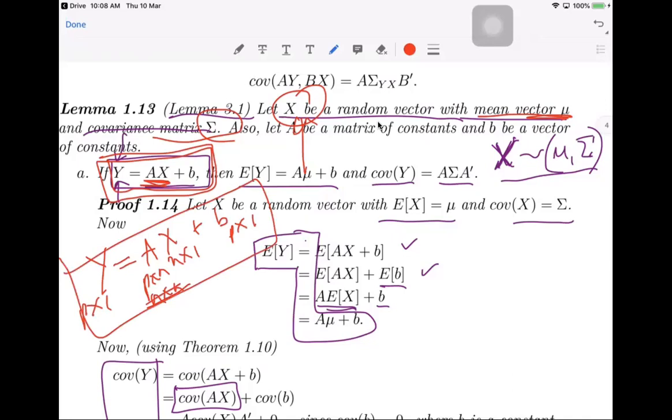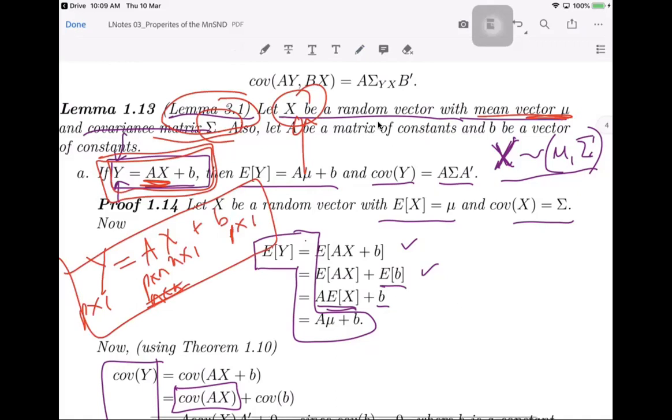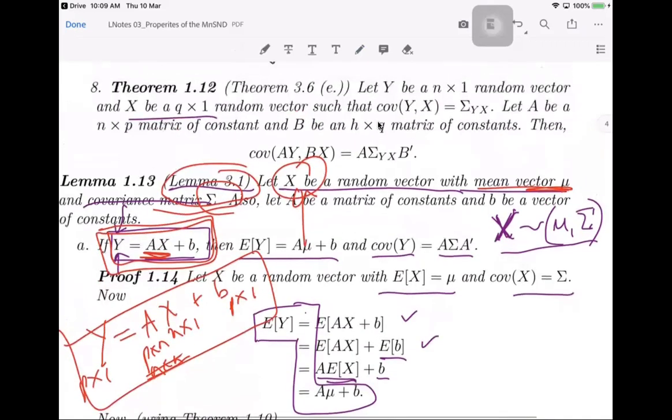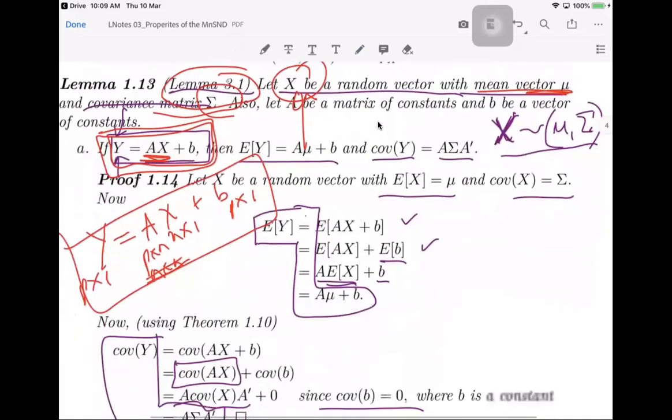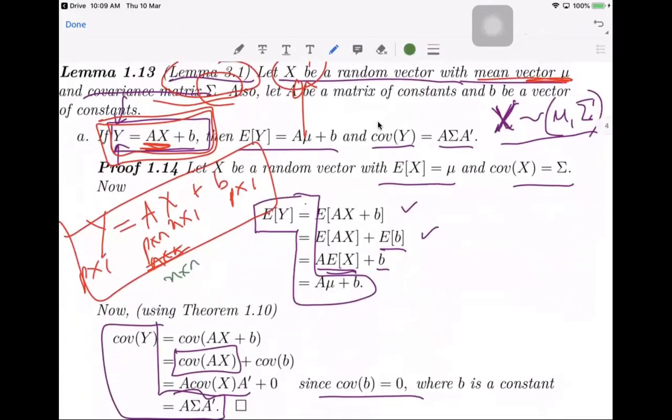So we are not talking about the dimension here. The lemma is silent on the dimension, but it is assumed that it is conformable. So if, for example, your A here is n by n, then your vector X here should be n by 1.